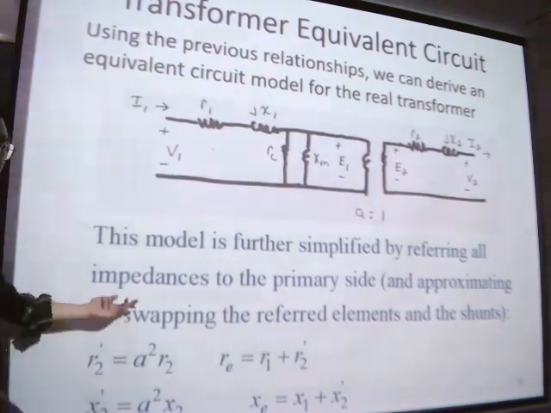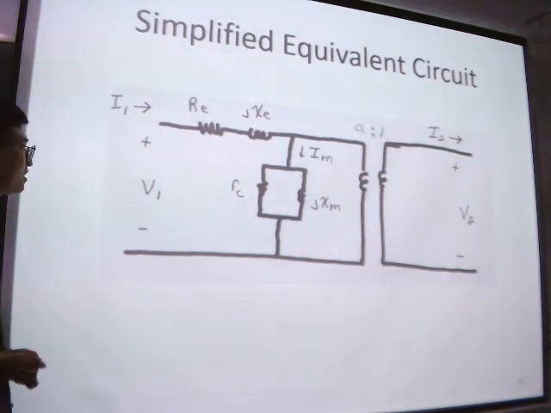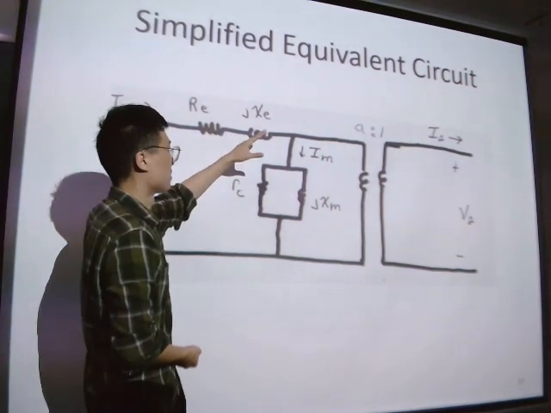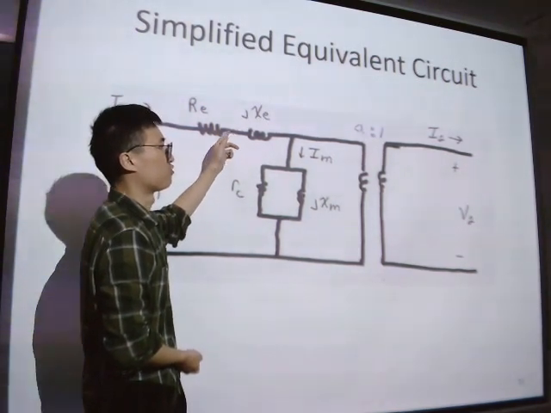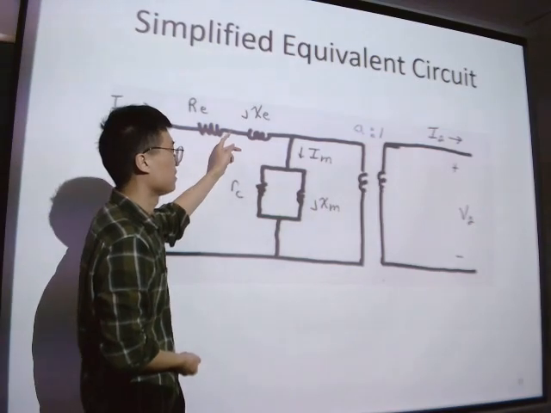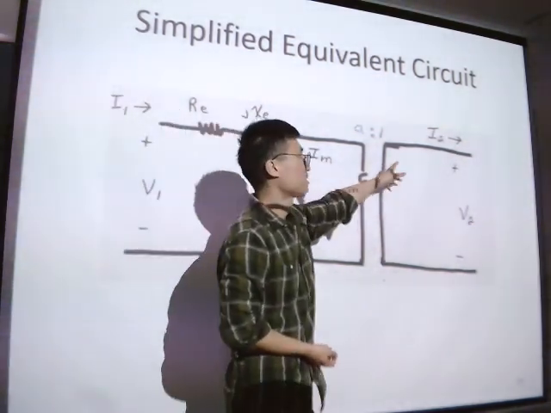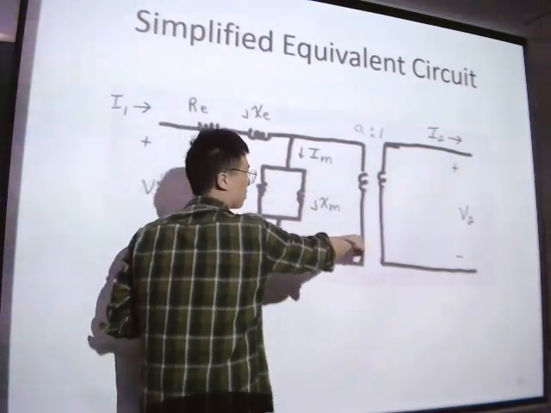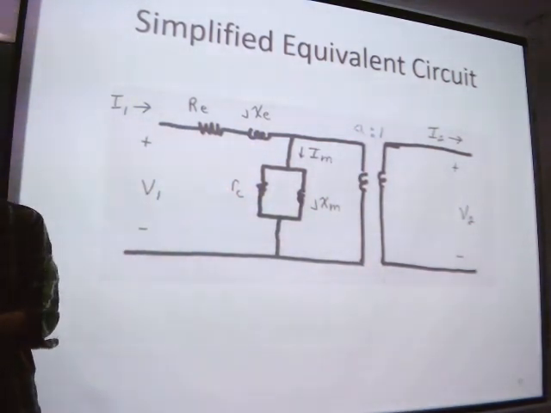Okay? So understand? So this includes the transmission impedance of both the primary and secondary sides, and this is the impedance of the core between these two sides.